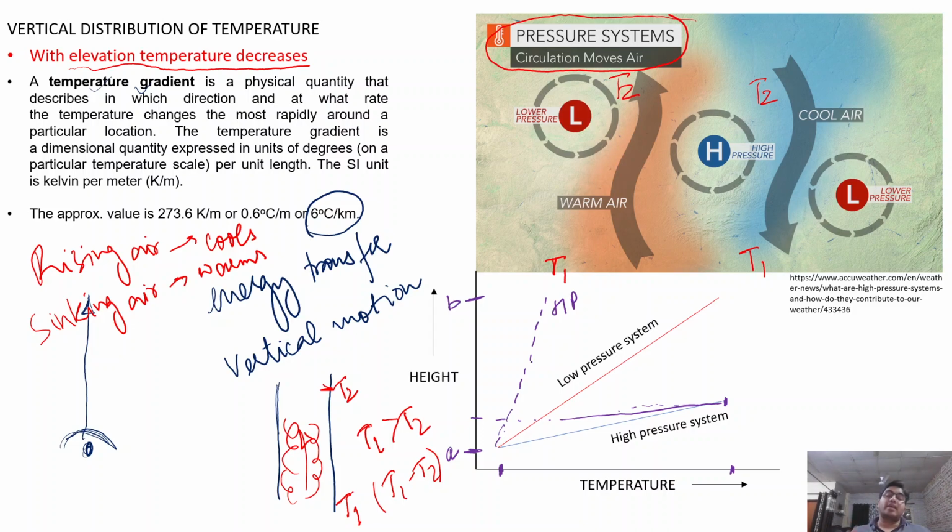So you have to understand that once the pressure is low, the temperature gradient, that range, that difference will be more, so it will be a steeper curve. If the pressure is high, the gradient will be less, because due to the compaction the air temperature starts to rise, so the difference between the lower height and the higher height will not be much.